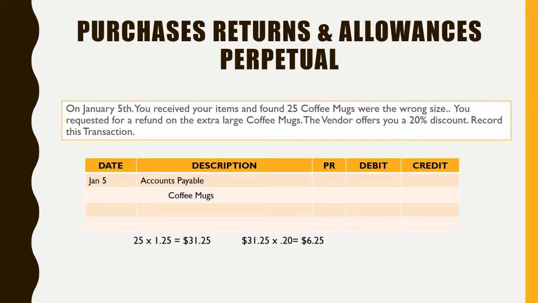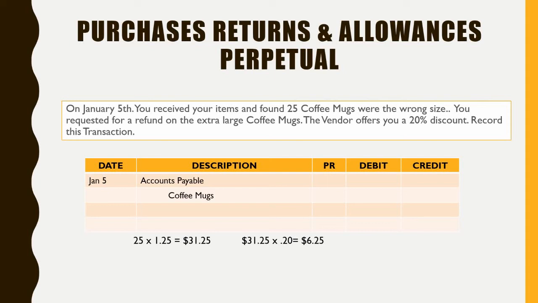Because now 25 of those coffee mugs are at a discounted price, whereas when we originally journalized it, we journalized it at full price. So now that I'm discounting, everything's going to come out from inventory, since everything is put into inventory. So we're going to take this allowance out and figure out what this discounted amount is.